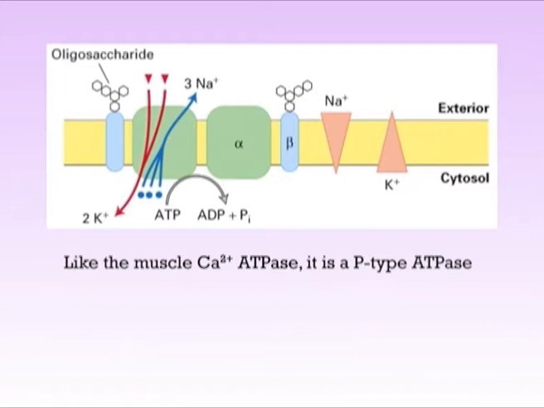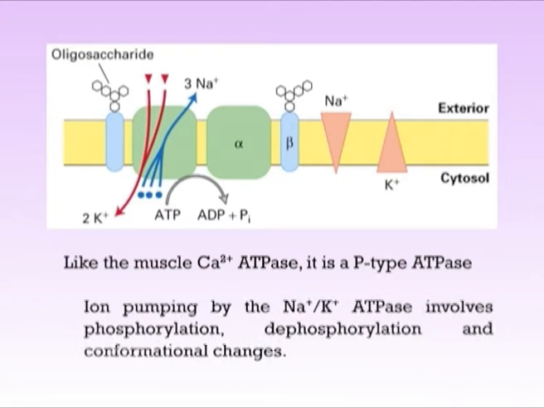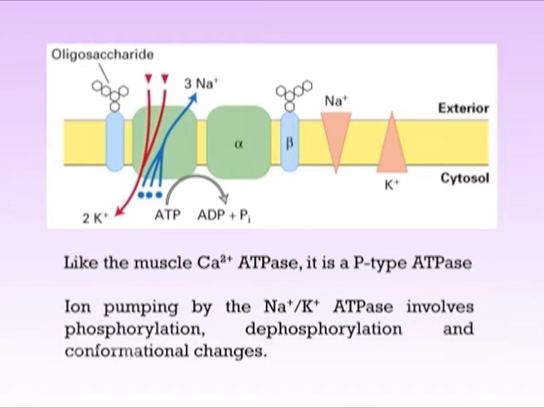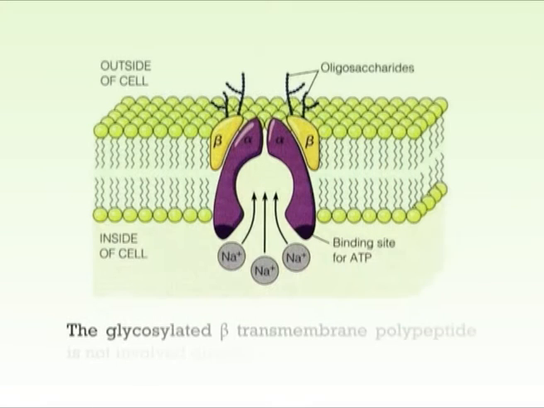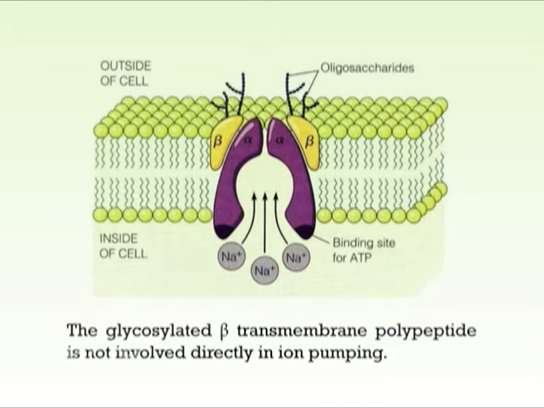Like the muscle calcium ATPase, it is a P-type ATPase. That is, ion pumping by the sodium-potassium ATPase involves phosphorylation, dephosphorylation, and conformational changes. The glycosylated beta transmembrane polypeptide is not involved directly in ion pumping.